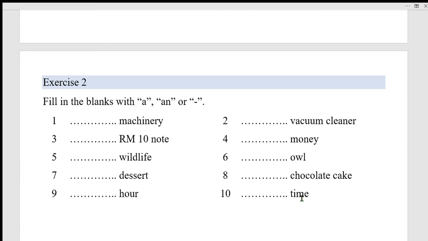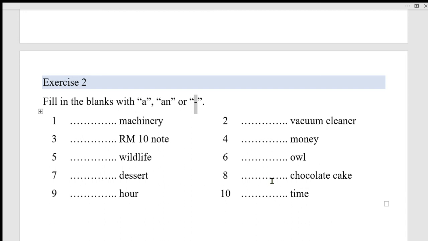Tapi untuk yang tak boleh dikira, for uncountable, you have to put dash in front. So now I need you to pause this video. Stop this video for a while and work on this exercise. Tulis exercise ini dalam buku 3 grammar. And then after that we will discuss the answers together. You may pause the video now.